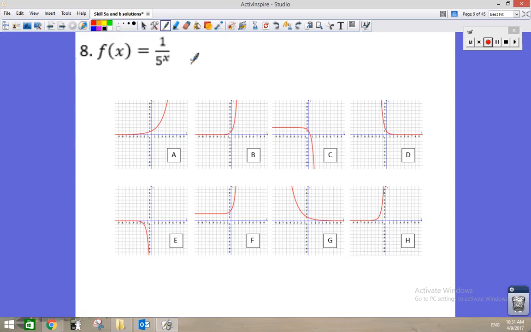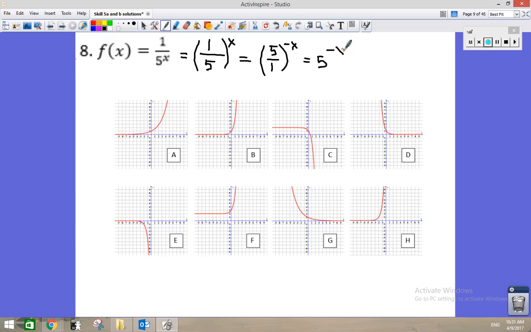Now we can rewrite this one. 1 raised to the x power is just 1. So if I rewrite this 1 divided by 5 to the x as 1/5 to the x power, that's decreasing. Instead of thinking about decreasing, we can compare it to this graph of b. If I flip this fraction, I've got to make the exponent negative.